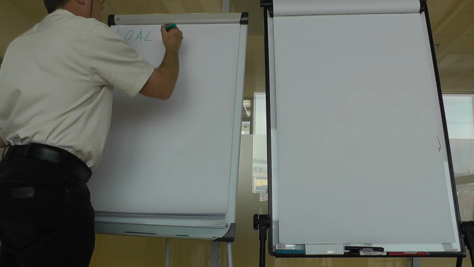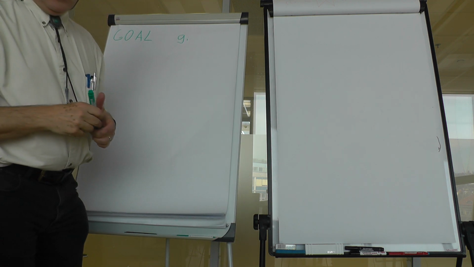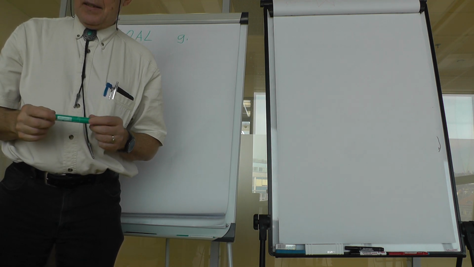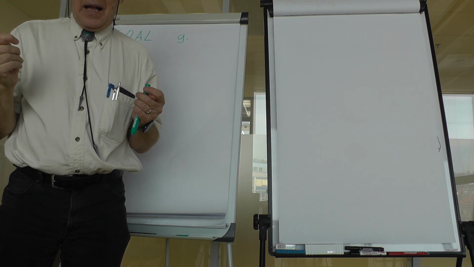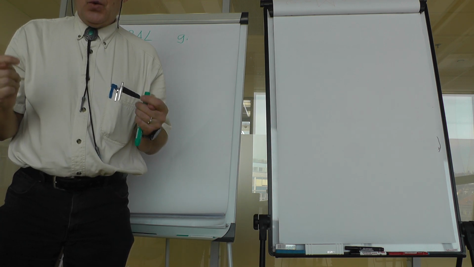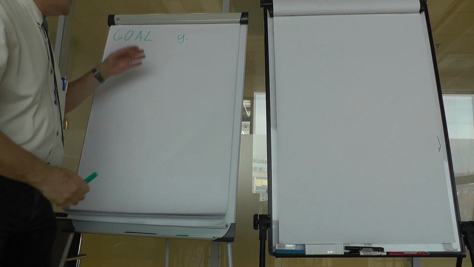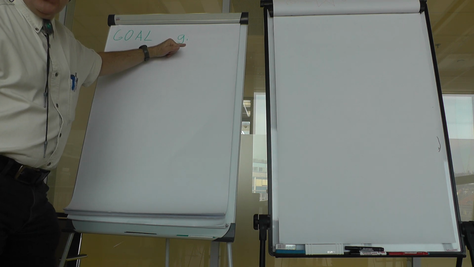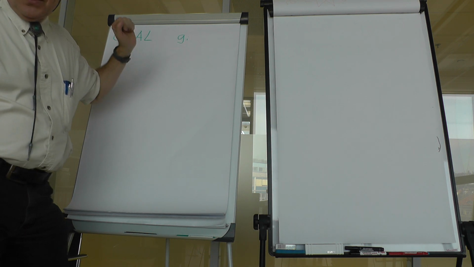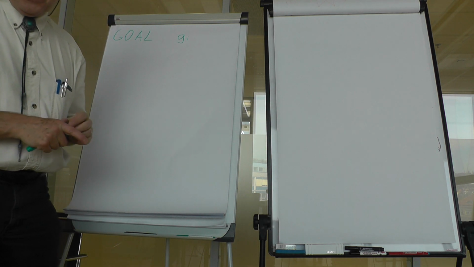So those goals, let's mark them GI. In order to get this into classic optimization, we would be forced to have some numerical, some exact equations, some exact way how to find out whether the goal has been met or not, and how far are we from the goal.